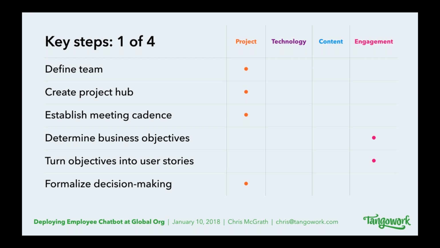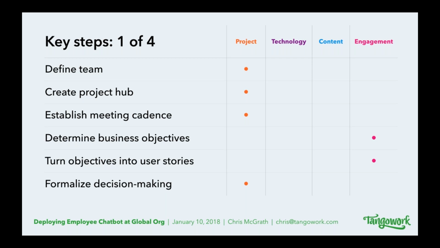Next, we find it really useful to turn those business objectives into user stories, simple stories that phrase the business objective in a human readable way. For example, as an employee, I want a quick way to get the guest Wi-Fi password so that I can provide it to office visitors.